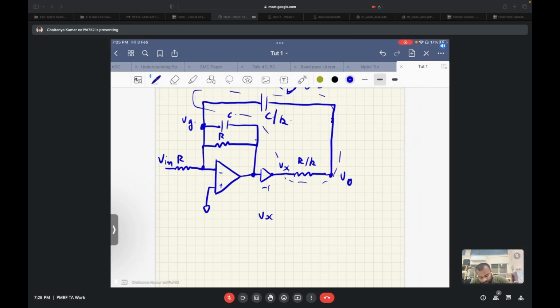So V naught by Vx is equal to 1 upon 1 plus SCR. We have R by K and C times K, so the K in the numerator and denominator gets cancelled, and this is the relationship between V naught and Vx. And here we have minus Vx.